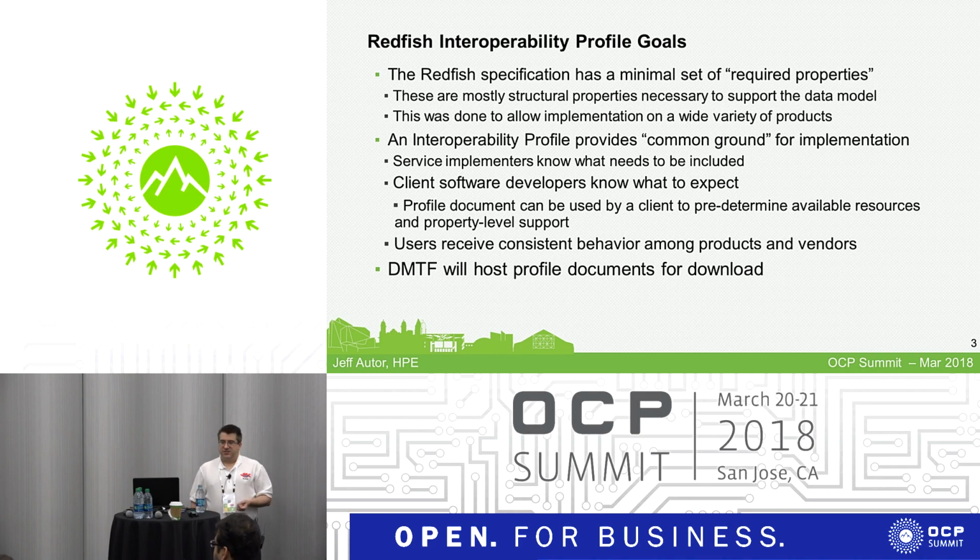For instance, our computer system, which is the operational server component view, is up to version 1.5 now. I think our chassis object is at like 1.6, but firmware update is at 1.1. They all have their own versions and so forth.